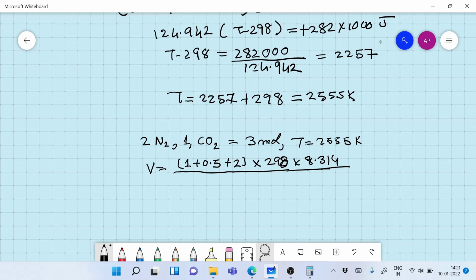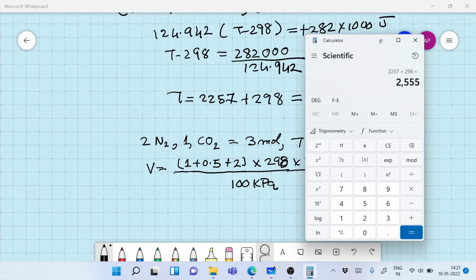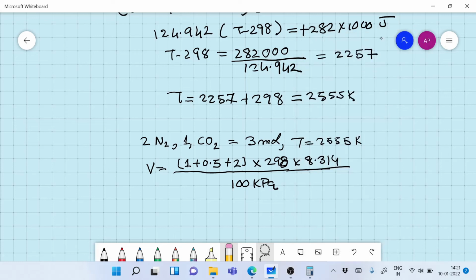Now the pressure was 1 bar. So 1 bar is 100 kilopascals. We need not do the calculations. We can always replace it. So let's drop the calculations and leave it at 1 bar itself.